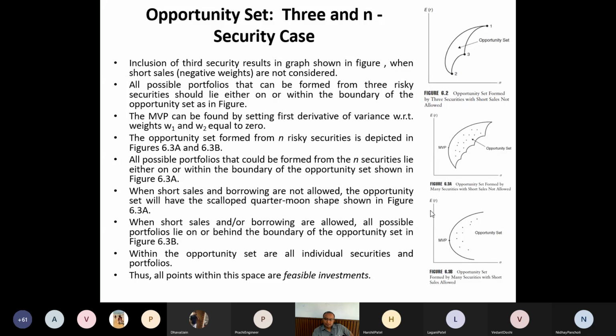But if we plot the standard deviation versus the mean, or we can say the expected value, then it will be a hyperbola. So this particular curvature is a hyperbola in this sigma ER plane. Okay, and all the points on this graph along with inside all the points are feasible investments, or we can say feasible portfolios, right? And they represent the opportunity set.